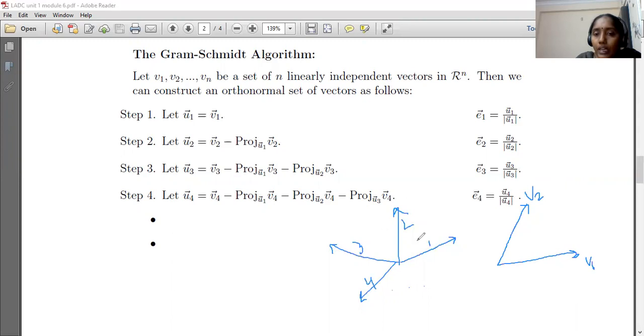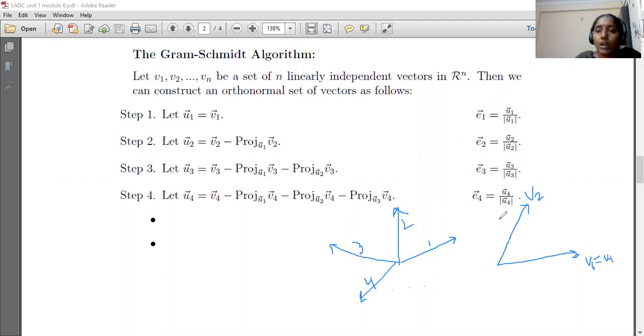In all those linearly independent vectors, I fix one vector as V1. That V1 is equal to U1. This is my U1. I am considering V1 as U1.